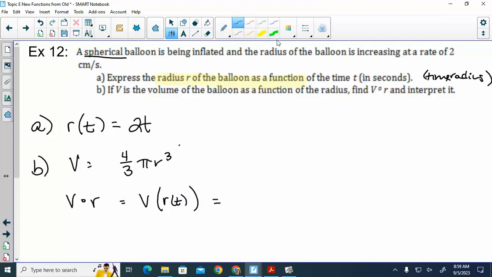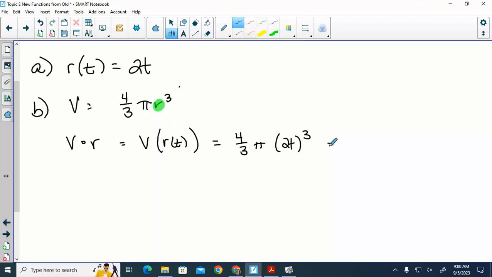So that's telling me in this equation, what am I going to replace my R with? 2t. All right, so if I wanted to simplify this, 2 to the third is 8, t to the third, so 8 times 4/3 would be 32 over 3 pi t cubed.